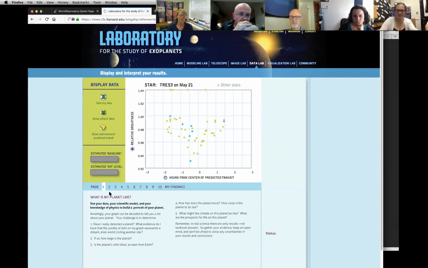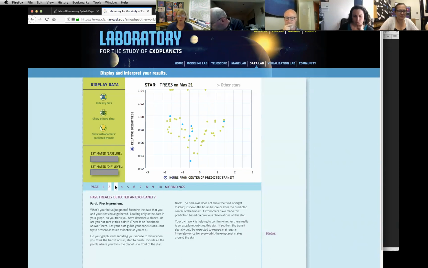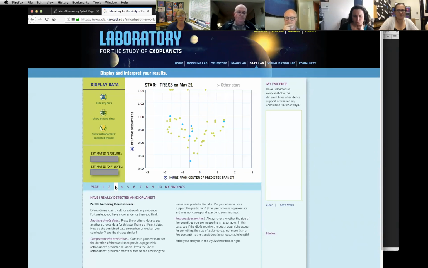As we go through the data lab, I'm not going to go through every page. The teacher guide on the Home for Teachers page really walks you through every page of this lab. But we just had our first impressions that we think we found something between 2 and 3 a.m. There's a way to gather more evidence.